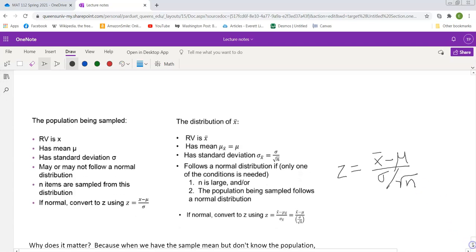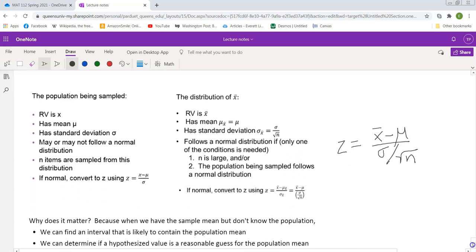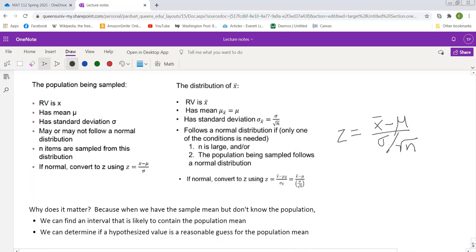All right, one more thing, and that's, who cares? Why does it matter if we calculate probabilities relating to x bar? The answer is that sampling distributions bridge. This is the bridge between probability and statistics. This is what allows us to do inferential statistics.